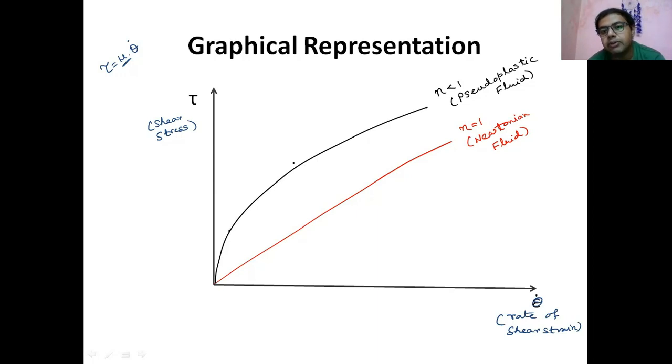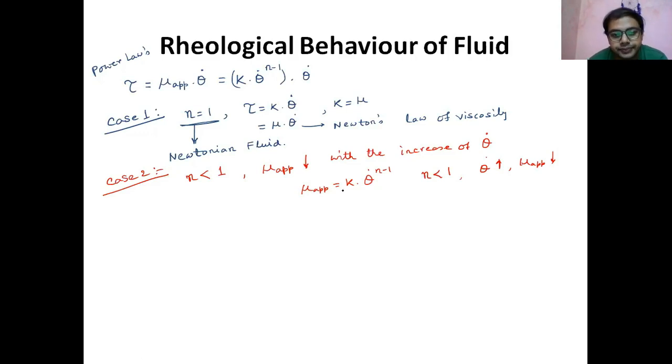So the slope is continuously decreasing, so apparent viscosity is continuously decreasing. Another name for this is shear thinning. This kind of fluid is known as shear thinning also. It's an example of the pseudoplastic.